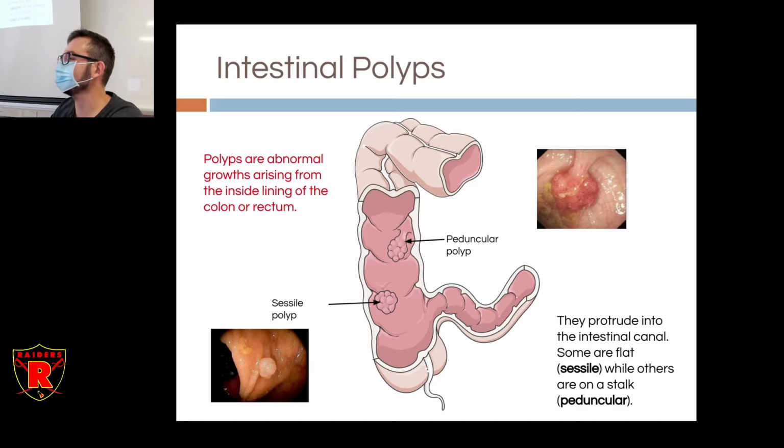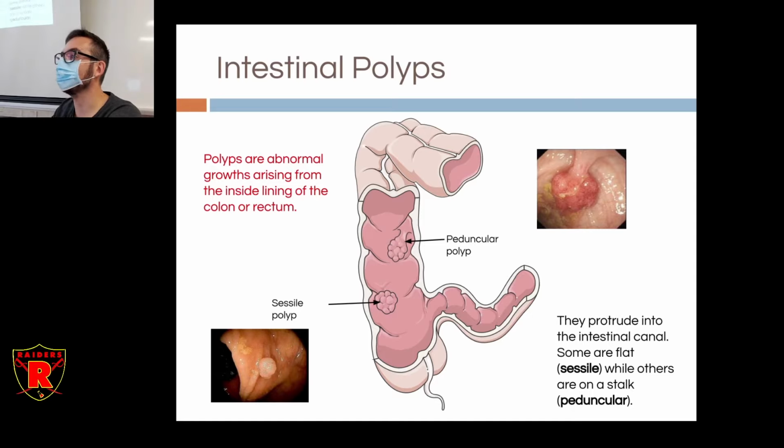These grow for all different types of reasons. They can grow in totally healthy people. Forming some polyps may just be a natural part of the aging process, although some people are genetically more predisposed to these than others. And polyps, if left untreated, if you don't remove them, can become colon cancer.